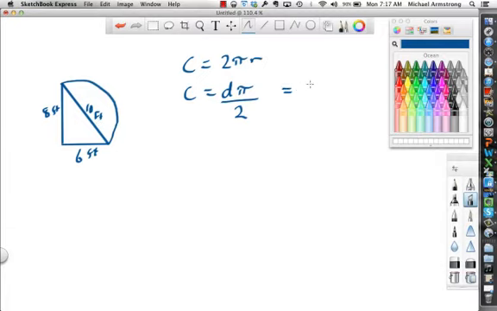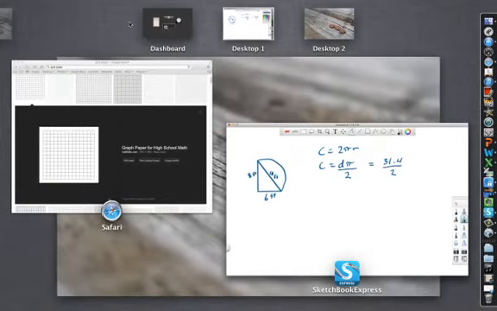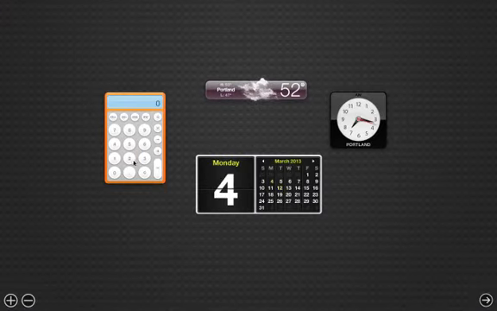10 times 3.14 is 31.4 over 2, and I'm going to have to use a calculator for that. 31.2 divided by 2 equals, oop, I did it twice. That means I have to clear it. Or I could just times 2. 15.6. Somehow I did it twice. Hopefully you guys saw.